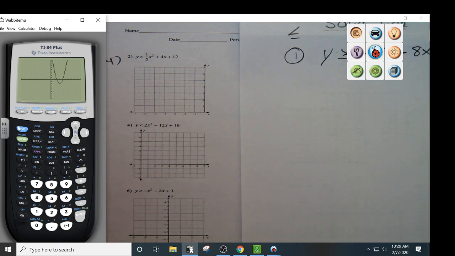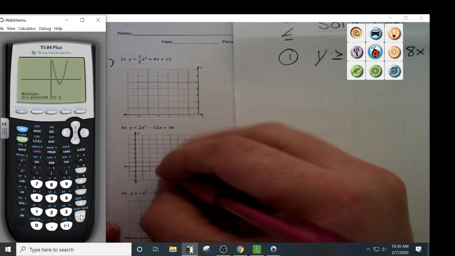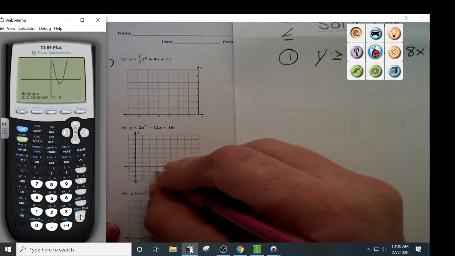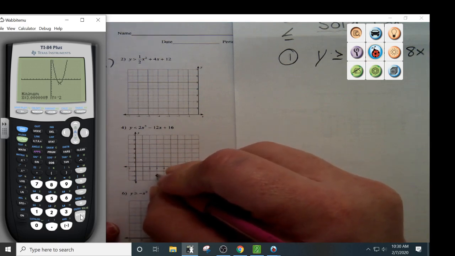All right, so we're actually going to have a minimum value this time since it opens up for a vertex. So left bound, enter, right bound, enter, guess, enter. Okay, so 3, -2. That is our vertex.